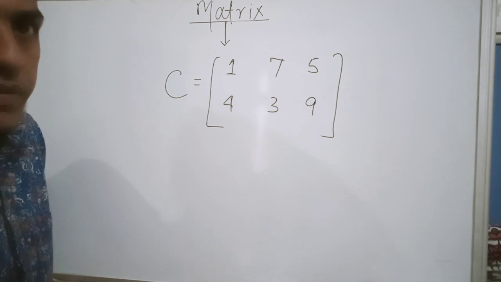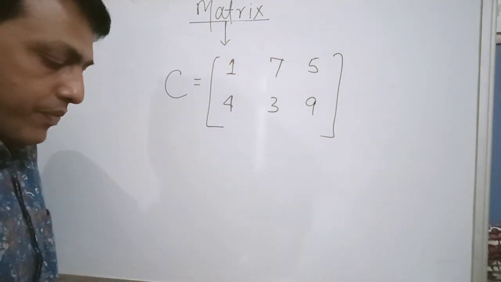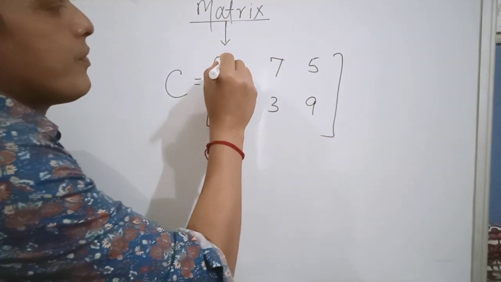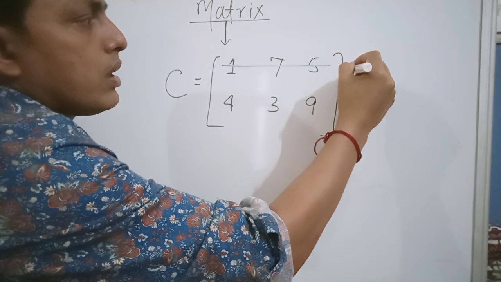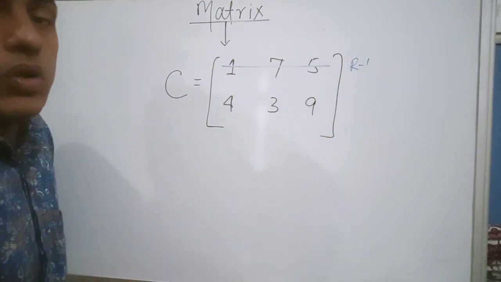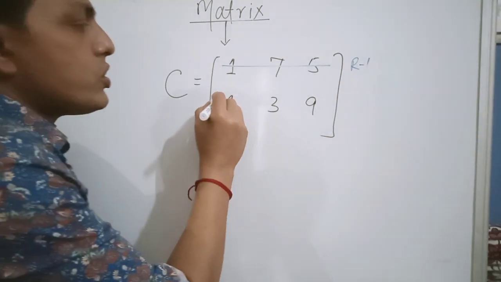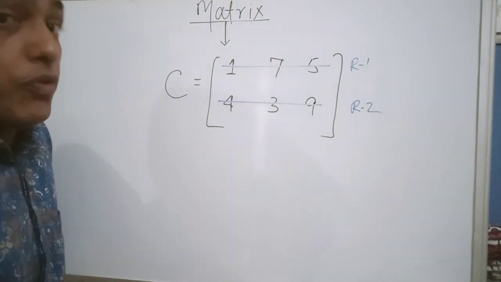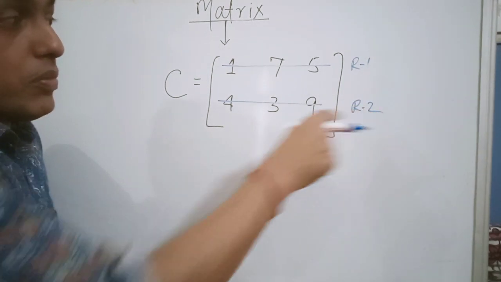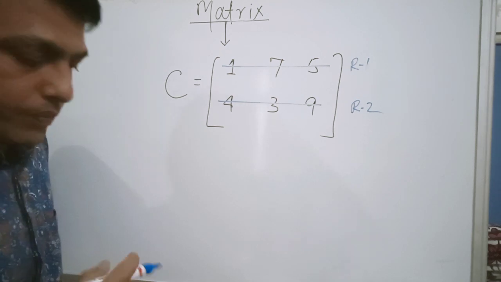So very simple. Horizontal line number 1, so that will be row number 1. Horizontal line number 2 means row number 2.